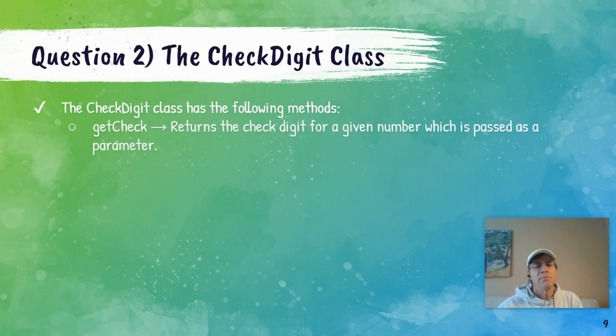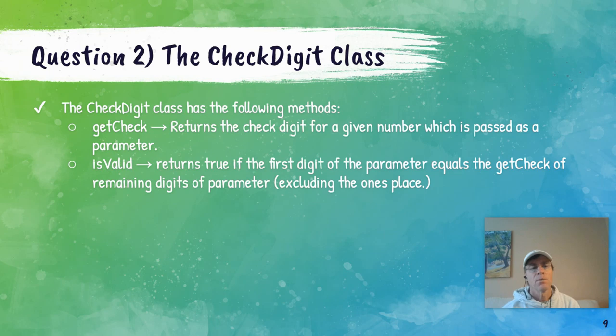Here are the methods of that. I can get check. That's going to return the digit of a particular number that's been passed as a parameter. That's an important method that does the heavy lifting for us. We are going to write the isValid.